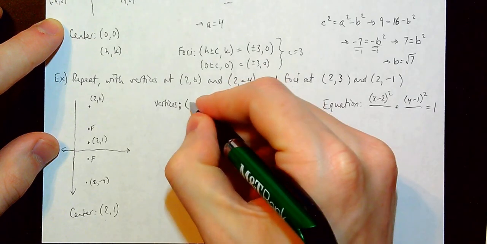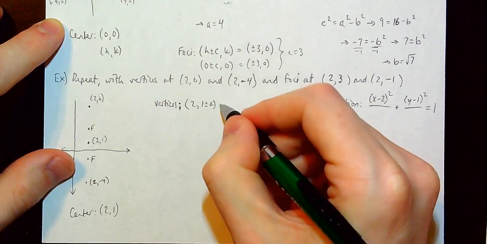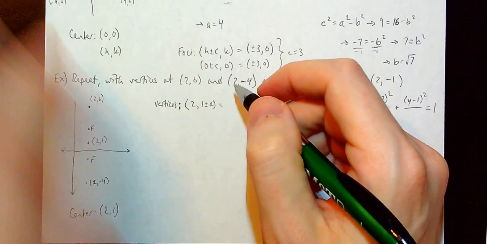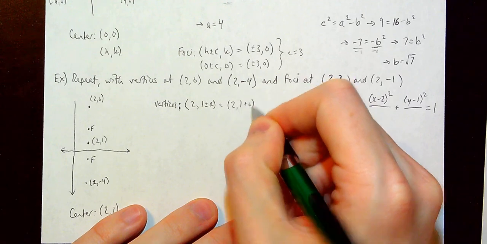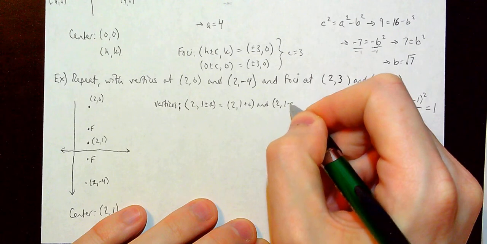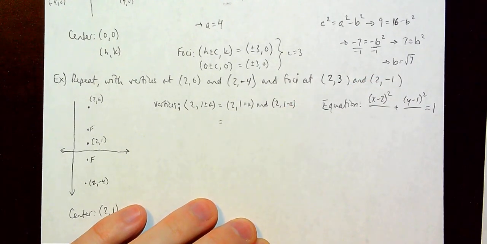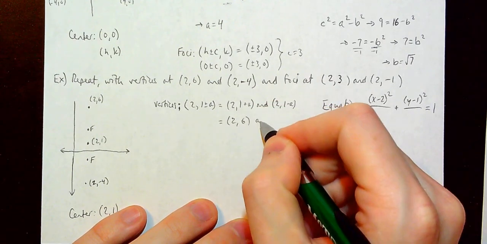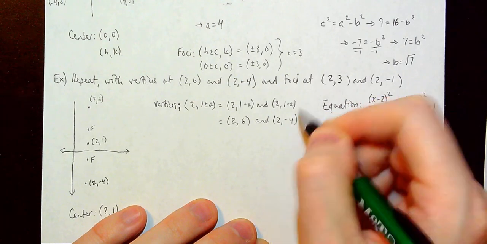So it's going to be 2 comma 1 plus or minus a, and this has to equal, well, we can have 2 comma 1 plus a and 2 comma 1 minus a. And these things have to equal 2 comma 6 and 2 comma negative 4.